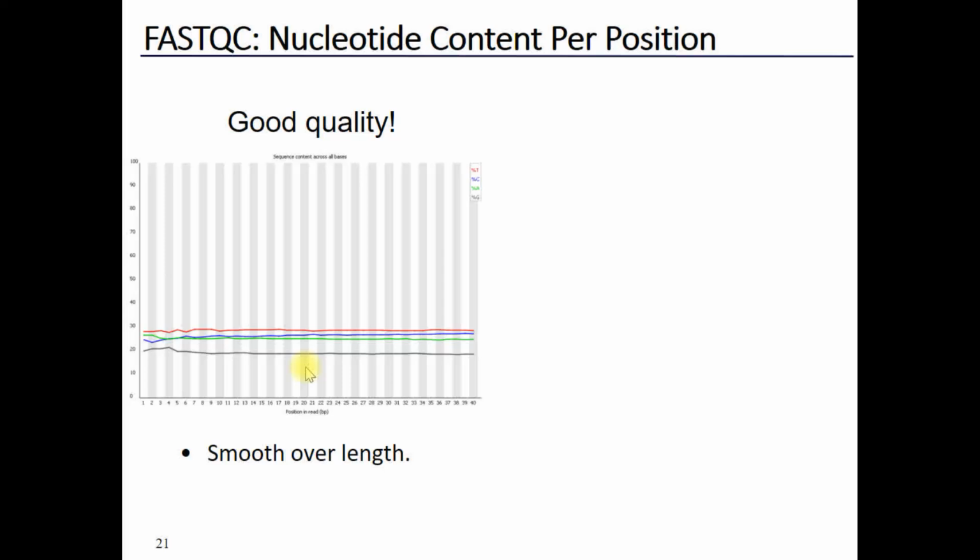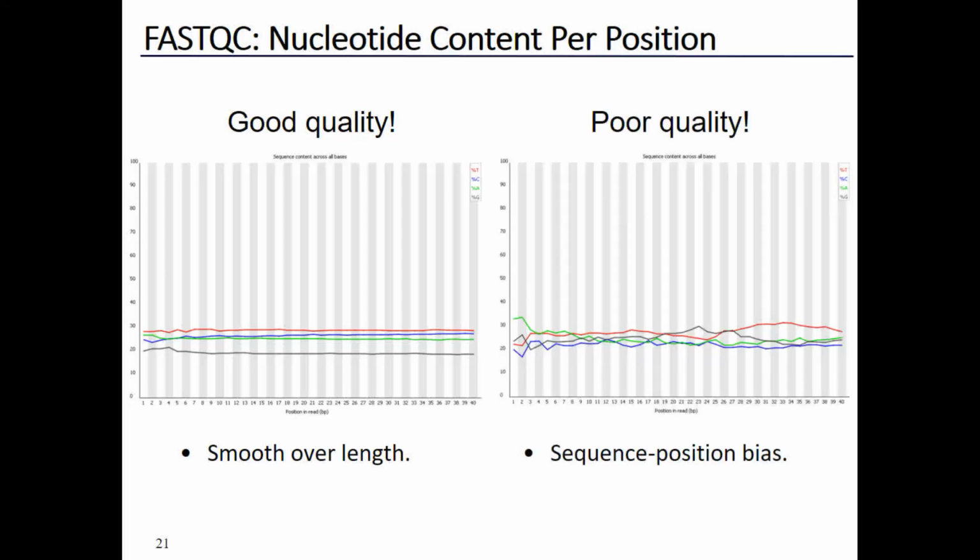It issues a warning if the difference between A and T or G and C is greater than 10% at any position, and if it's greater than 20%, this will result in a failure. So this is a bad quality one, it fluctuates a lot, and there are some big variations between T and A in those positions.